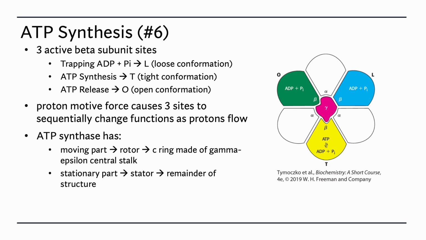The proton motive force causes the 3 sites to sequentially change functions as protons flow through the FO subunit. ATP synthase basically has a moving or rotor part, which is the C ring made of the gamma epsilon stalk mentioned, and then it also has a stationary part, which is just the remainder of the structure.